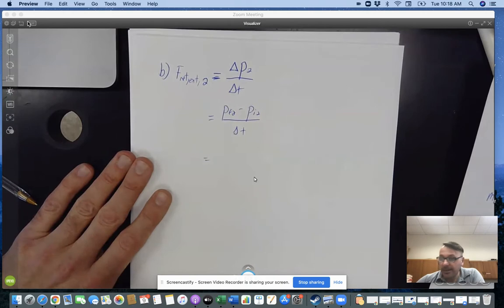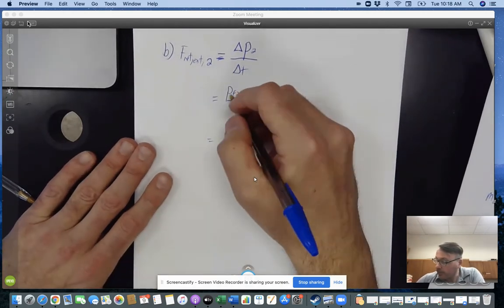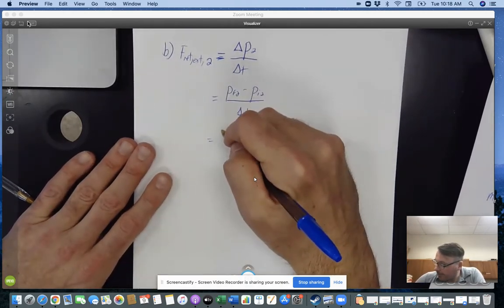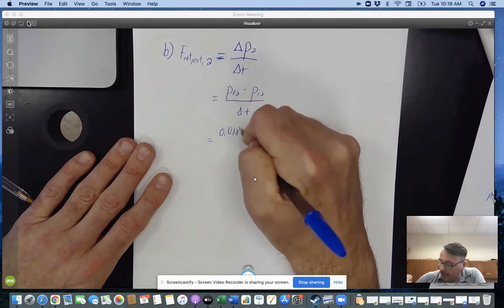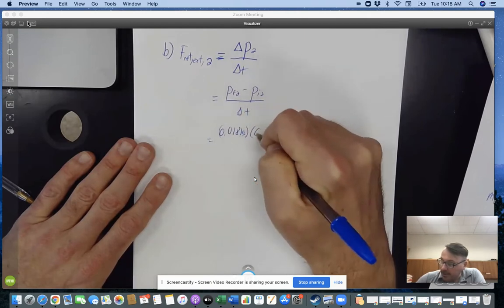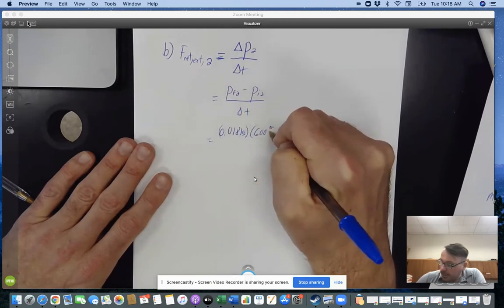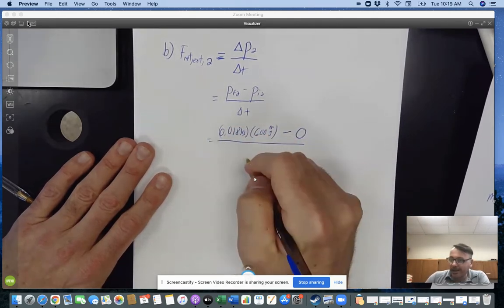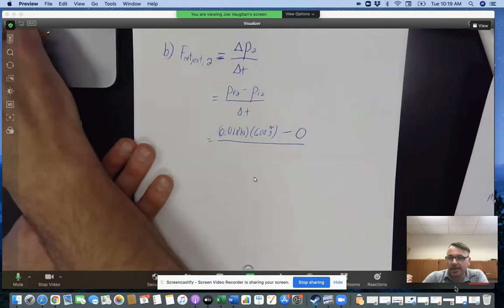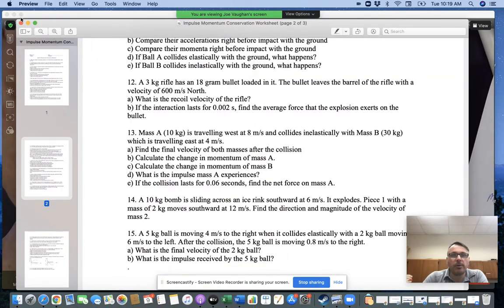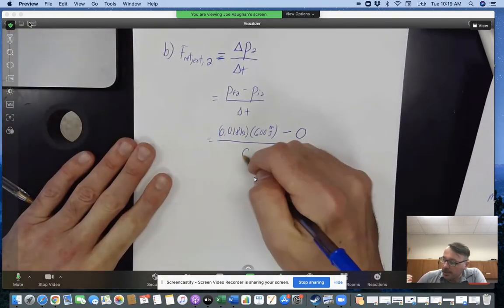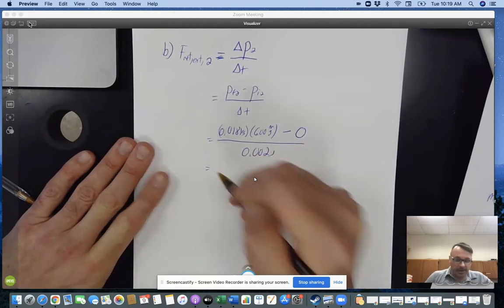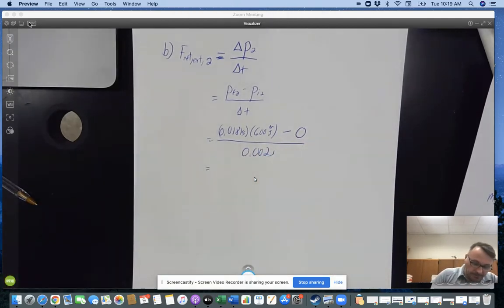P final 2 is going to equal 0.018 kilograms times 600 meters per second minus 0, stealing that from before, all over that time period, which we said is, I don't remember, 0.002 seconds, and I can put that in my calculator.